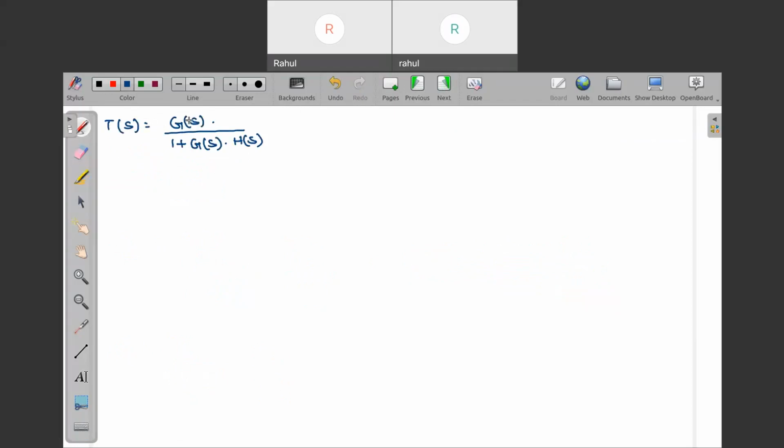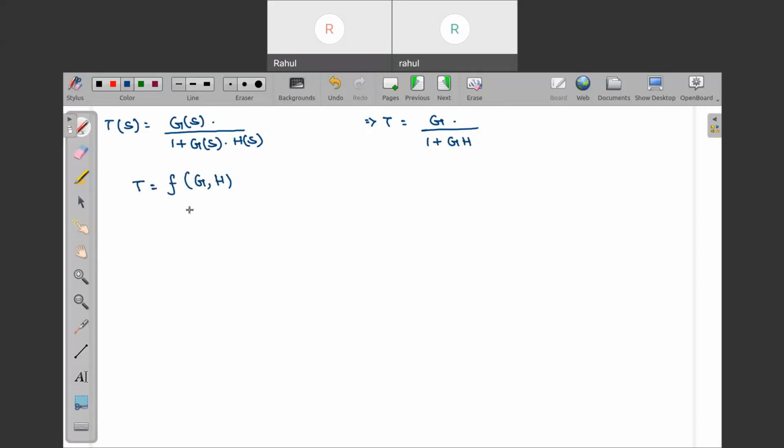Or simply, if I remove the s, I can write T is equal to G divided by 1 plus GH. So what you can see here is that this transfer function is a function of the forward path gain and the feedback path gain.